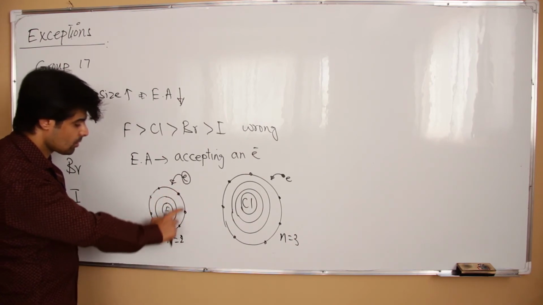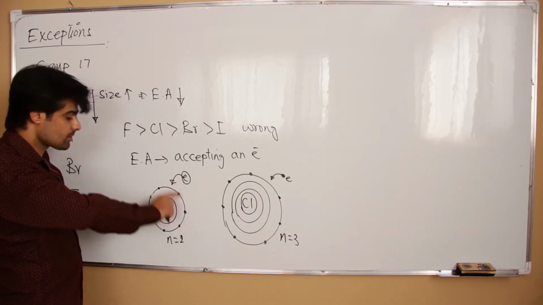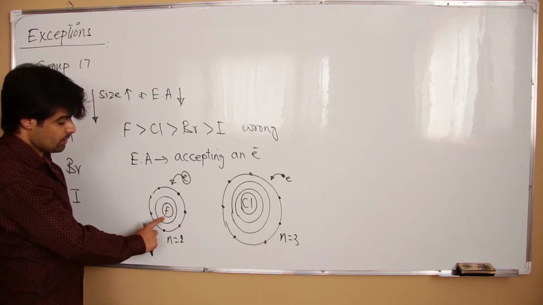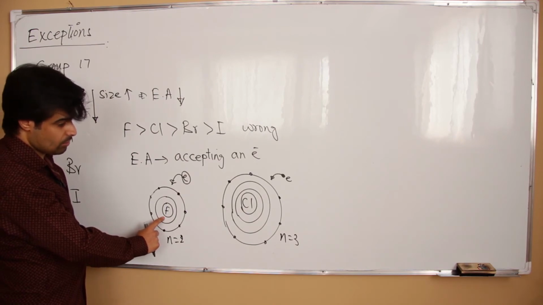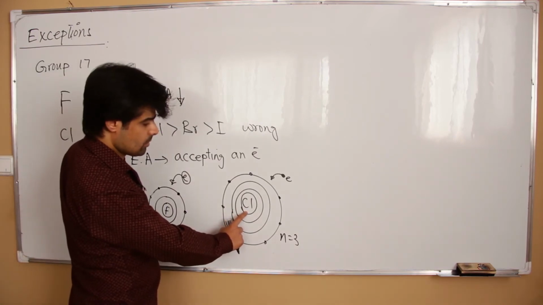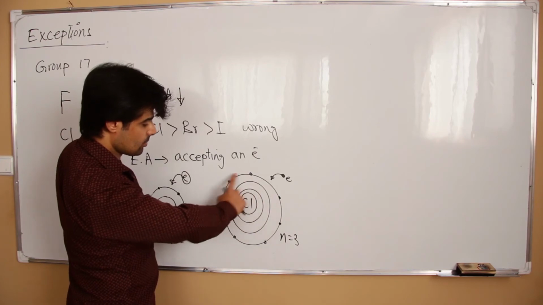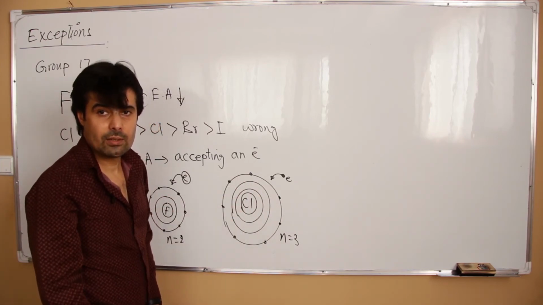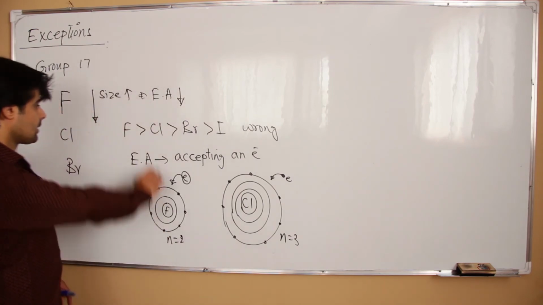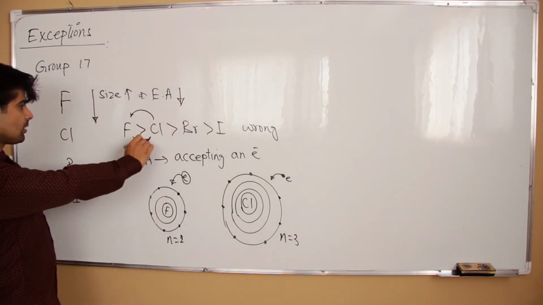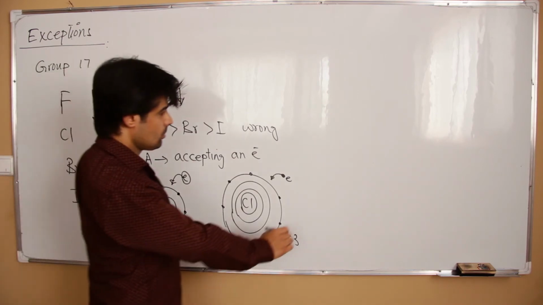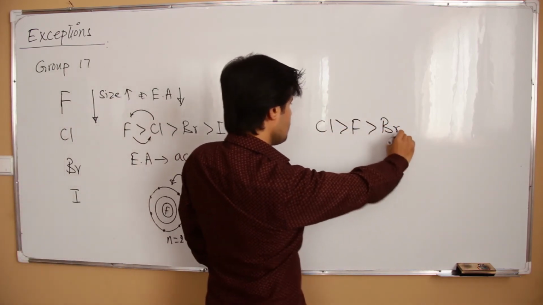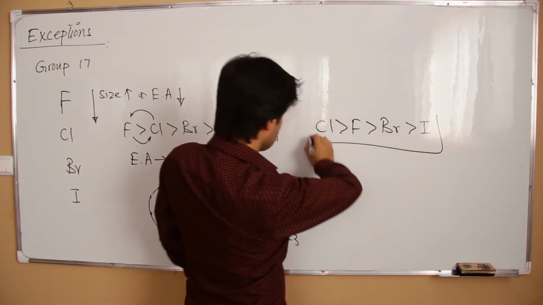Because it already has a problem in its last shell. Fluorine does not need to accept the electron, but chlorine does. Why? Because it does not have as much repulsion in its last shell. So we can say that we have a smaller change with this one. So the correct order is chlorine, fluorine, then bromine, and then iodine.